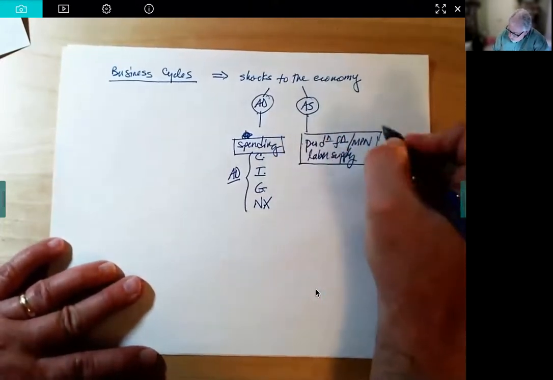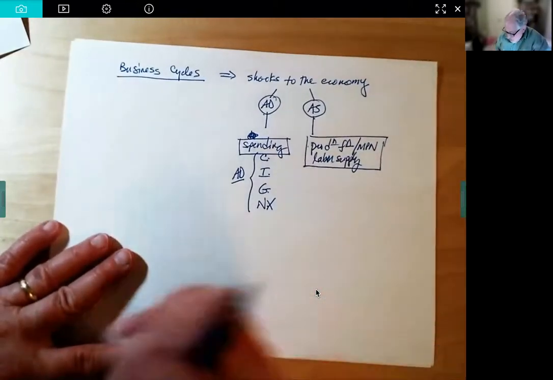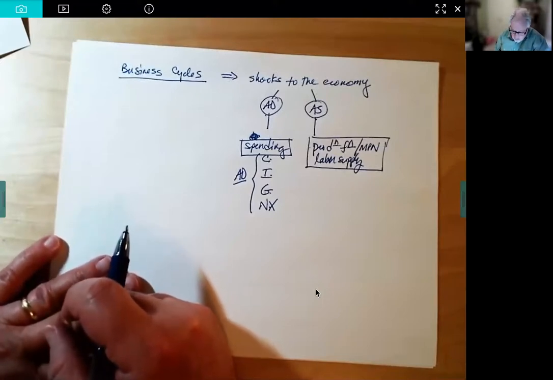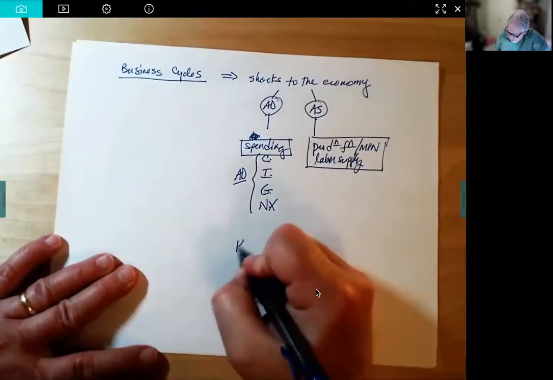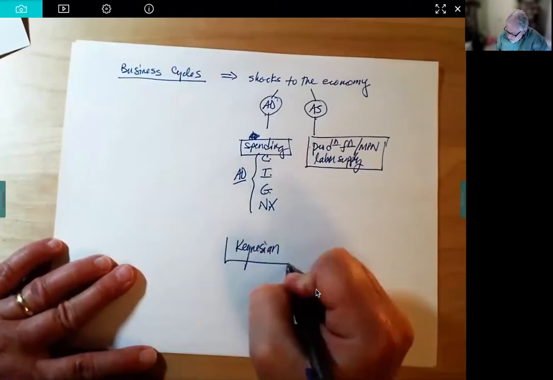So those are the things that, depending on whether you're a classical economist or a Keynesian economist, will determine which one you believe has a bigger role to play in the economy. So Keynesian economists, John Maynard Keynes, right?